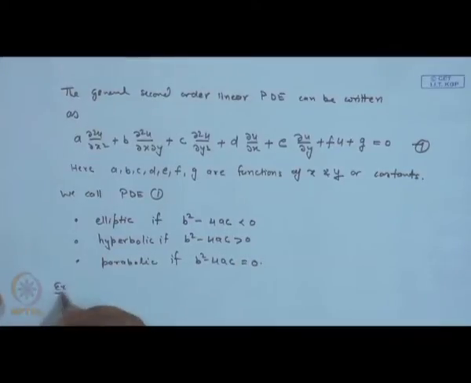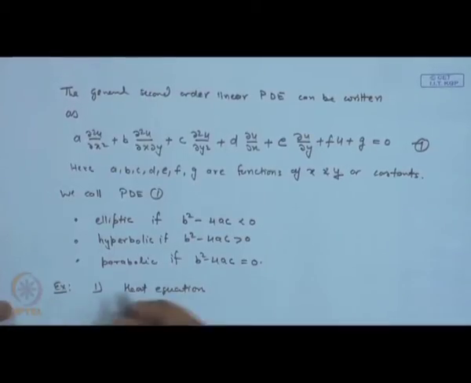The standard examples for this: the first one is the heat equation, and this equation models the phenomenon of conduction of heat in a solid. The equation is del u over del t equals alpha, a material constant, times del 2u over del x square.